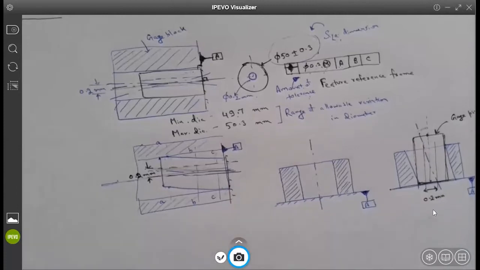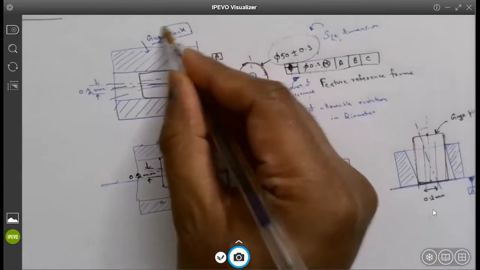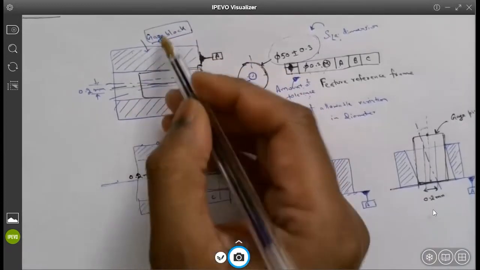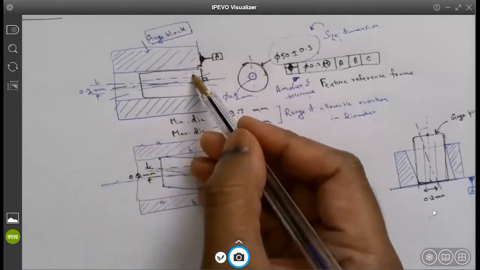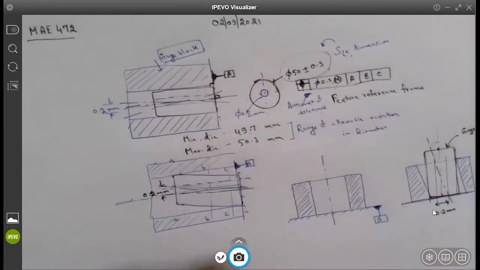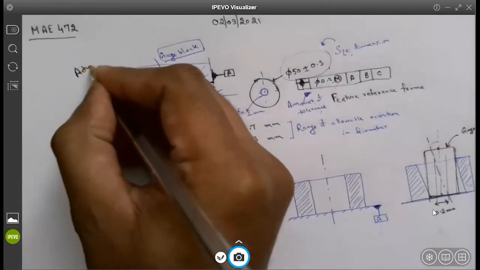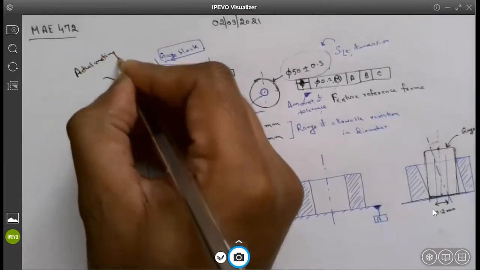Got it? Great. So the important part is how we measure the orientation. If it is a cylindrical pin, then you need a gauge block. We actually covered one topic about the actual mating envelope. So this is called the actual mating envelope.